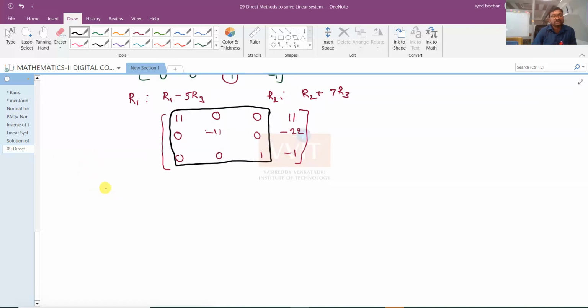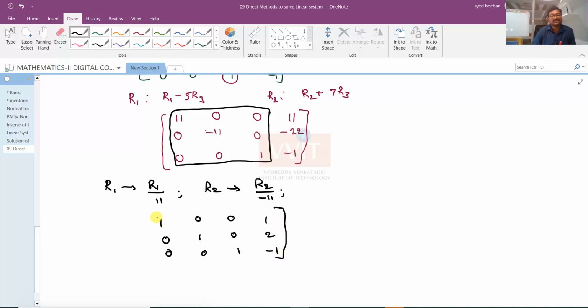For that reason, R1 prime is R1 by 11, R2 prime is R2 by negative 11, R3 is already 1, so no need to disturb that. We get here 1, 0, 0, 1, 0, 1, 0, 2, 0, 0, 1, negative 1.